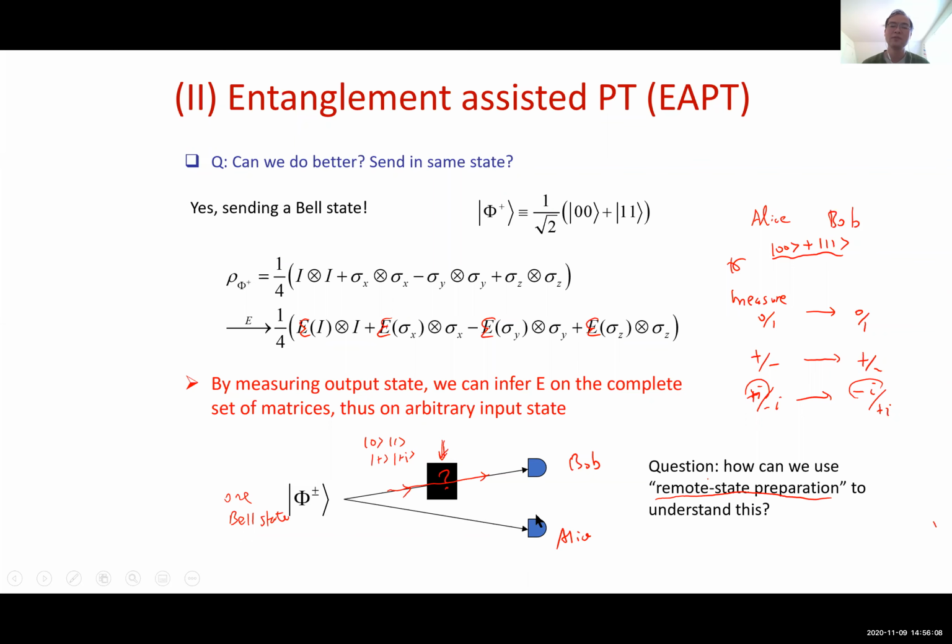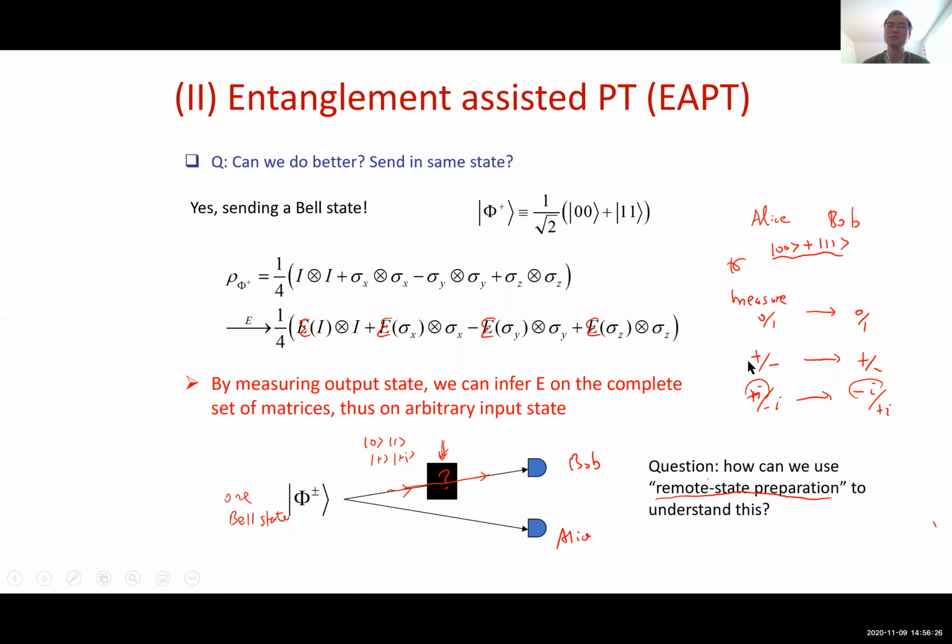If Alice measures and gets 0, that means the state coming out before the black box is 0. Then you know how the 0 gets transformed.